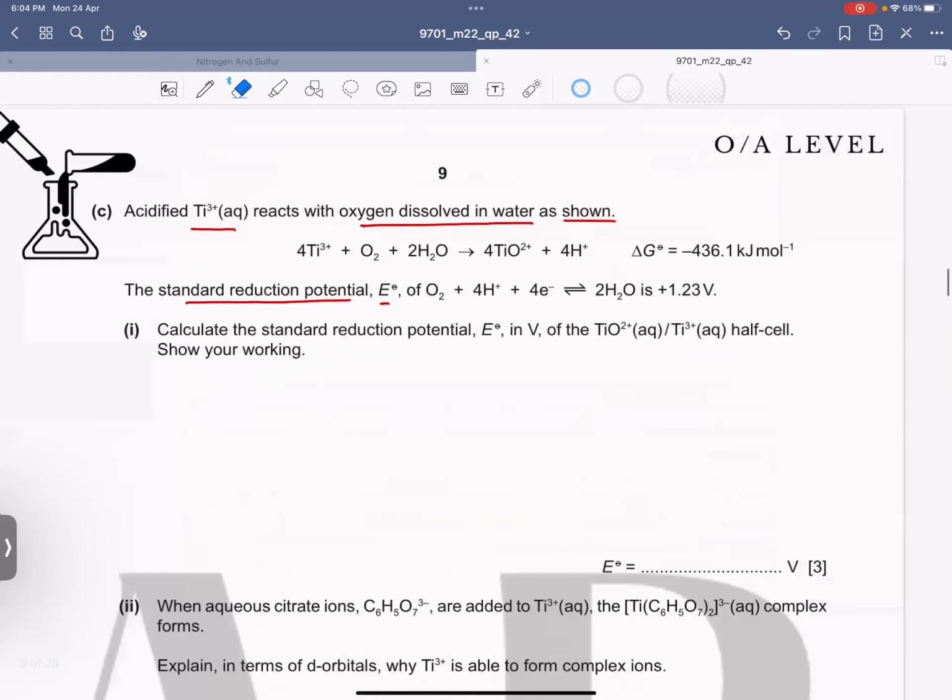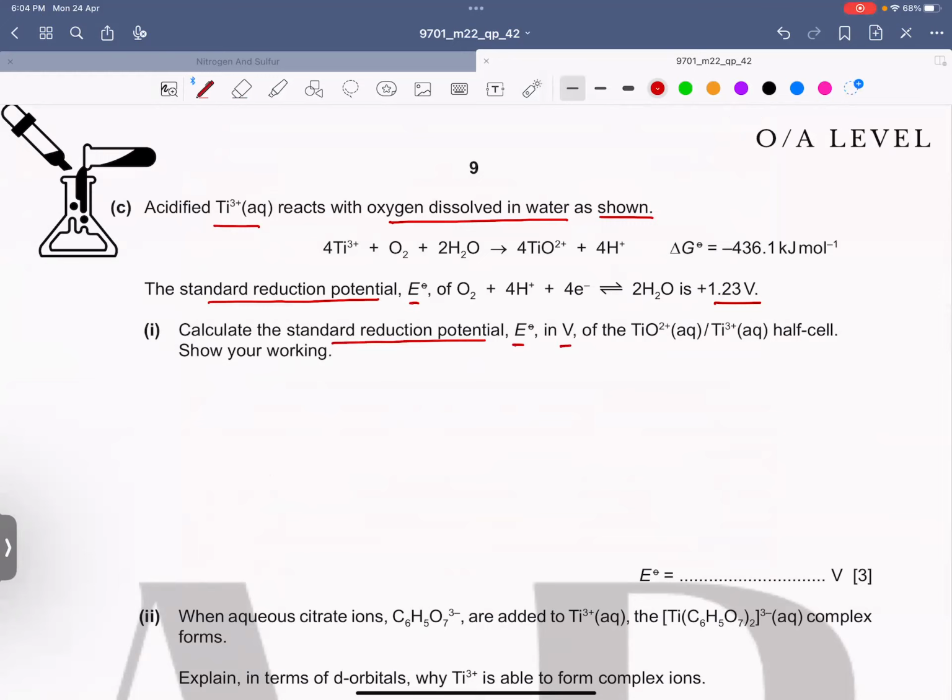So calculate the standard reduction potential E naught in volts of TiO2 positive and Ti3 positive aqueous half cell. Show your working. So see this part. It is also from the latest edition of the syllabus. That is the relation between Gibbs free energy and the E naught value. Here you are provided with the Gibbs free energy, and here you are provided with the E naught of the half cell, and that is the reaction that is occurring in the half cell.